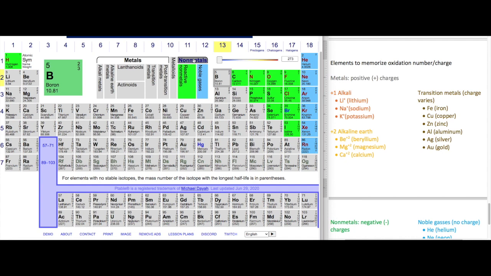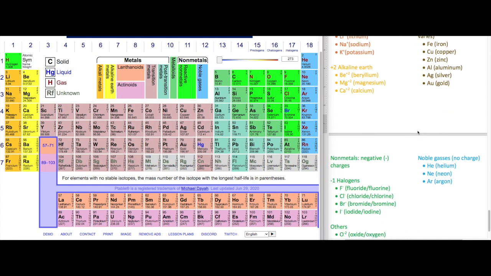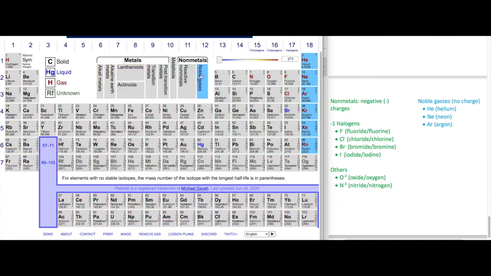Nonmetals are all on the right side, and they are either going to be noble gases that do not form compounds and do not form ions and therefore do not have a charge of any sort, or the reactive nonmetals that will form a negative ion, also known as an anion, and that will be a -1 charge for the halogens, a -2 charge for oxygen, and a -3 charge for nitrogen.